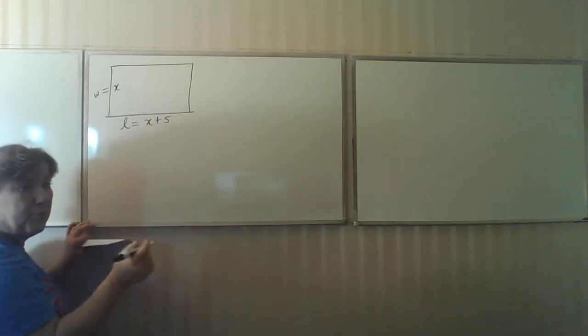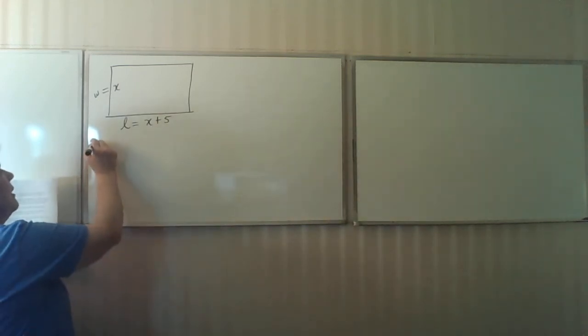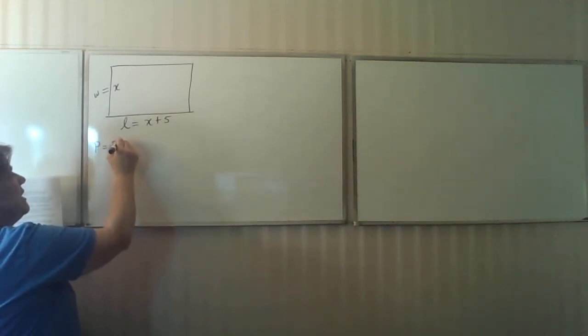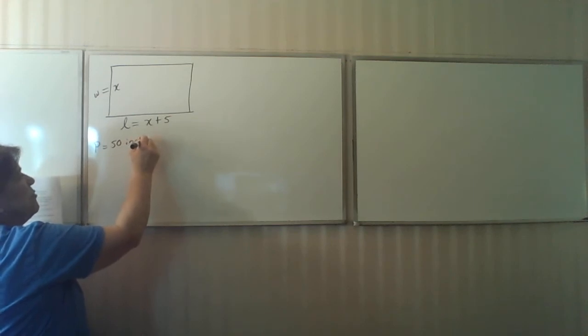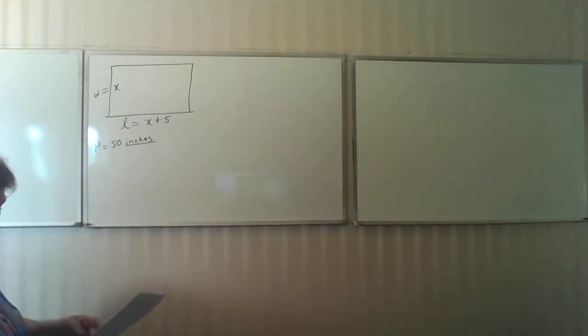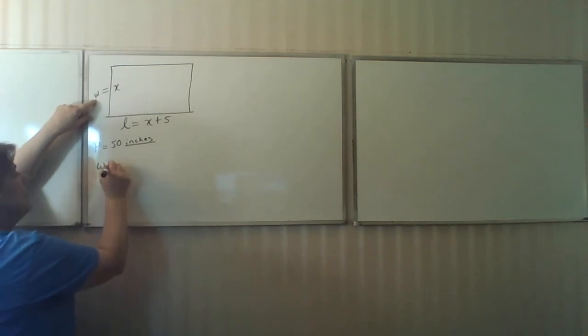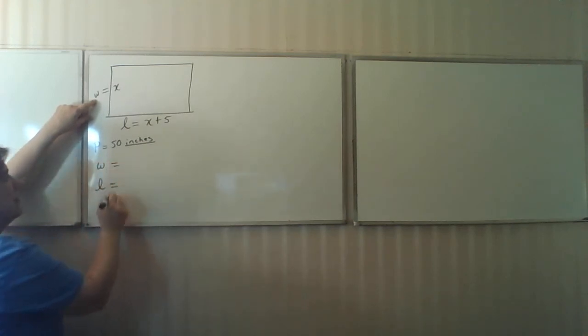Now remember your perimeter. It goes on to say, if the perimeter is equal to 50 inches, so this is important. That's the unit of measure that this is going to use. What are the dimensions of the rectangle? Which means we want to know what is the width and what is the length.